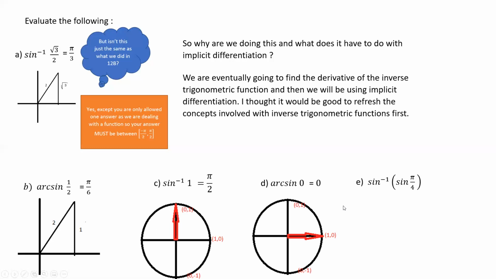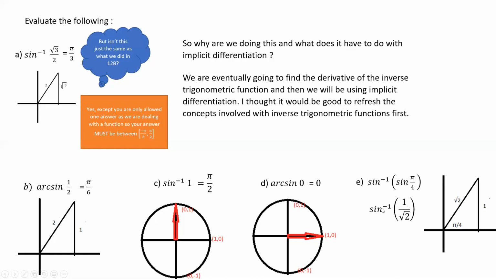The last one, let's find the inverse sine of the sine of pi over 4. It's a little more complicated. We always work from the inside out, so we'll start by finding the sine of pi over 4. There's our triangle. With pi over 4, the sides are 1, 1, and root 2. So the sine of pi over 4 is 1 over root 2.